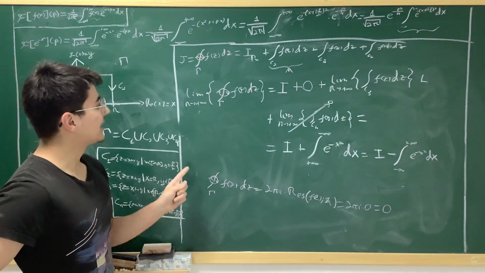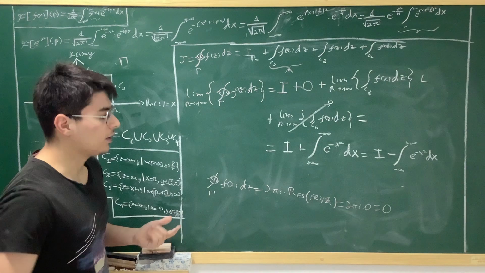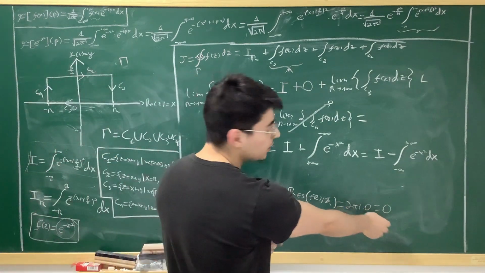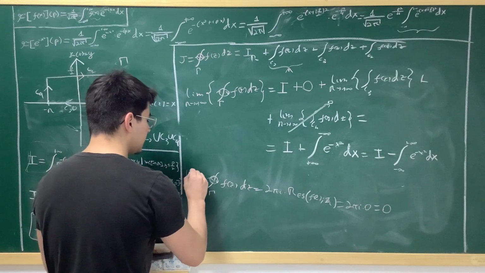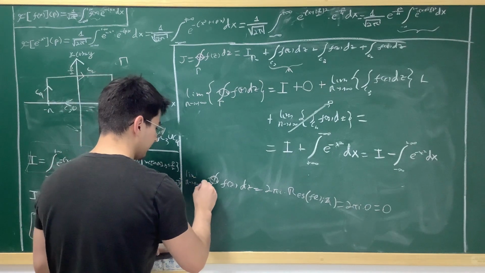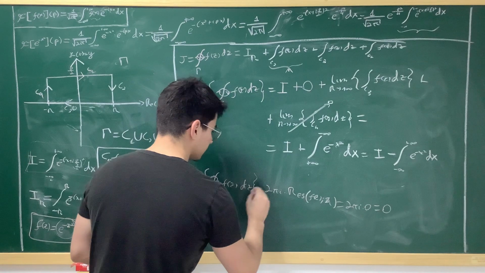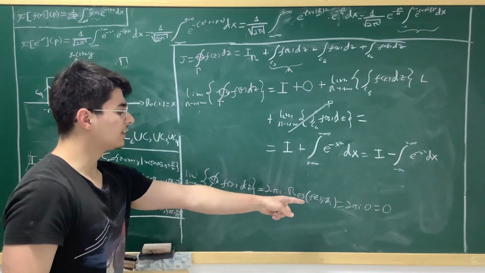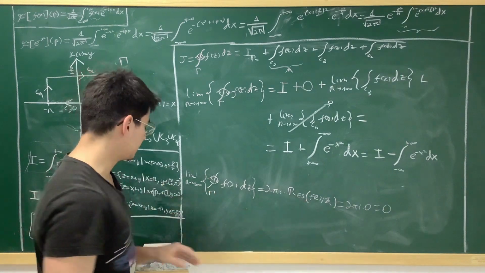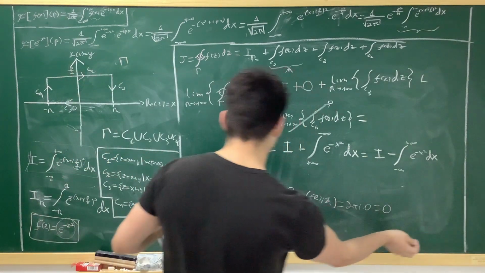Now, what happens when we take the limit when r goes to positive infinity? Well, the limit when r goes to positive infinity of 0 is still just 0. And the limit here, when r goes to positive infinity, is going to be the same. Sorry, I didn't mean to say that this limit is 0.